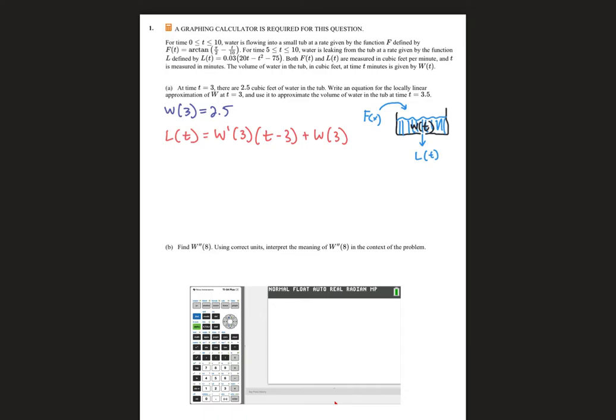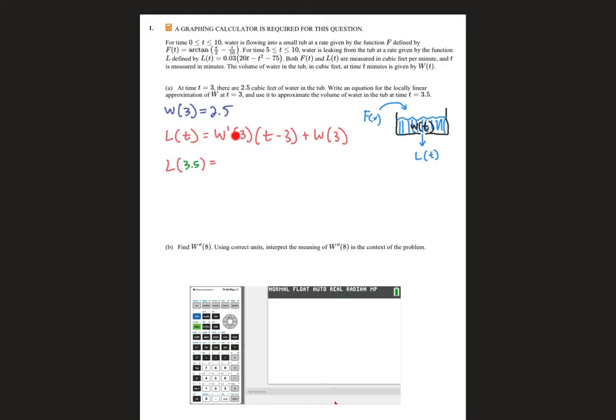So we'll do L of 3.5 equals, we'll just write this like this for now. Okay, and then W prime of 3, so think about what W prime represents: how fast the volume of water in this tub is changing.